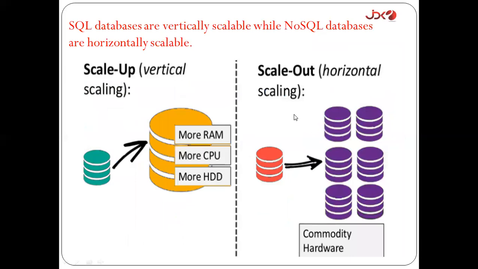So here we can learn about vertical scalability and horizontal scalability. Vertical scaling is supported in SQL, and horizontal scaling is supported in NoSQL. Say this is a database where data are stored, and I want to increase the data or the size. You can use more RAM, more CPU, and more HDD hardware devices with a single server or single database.